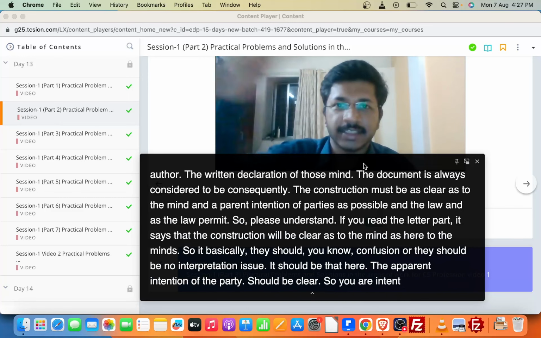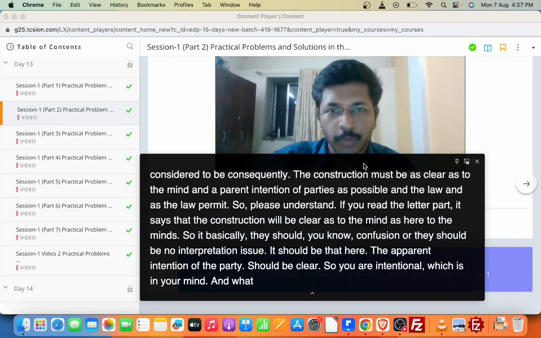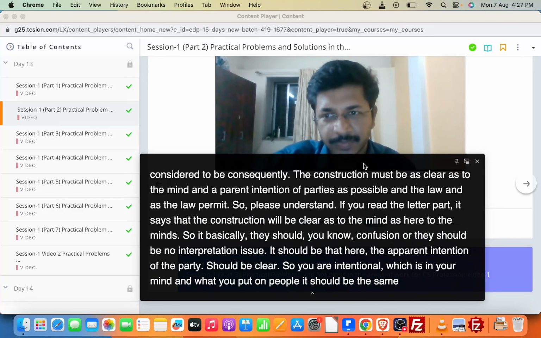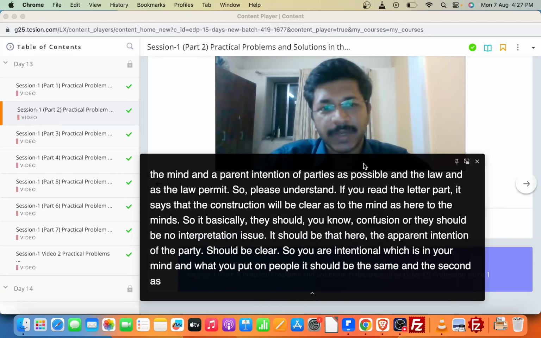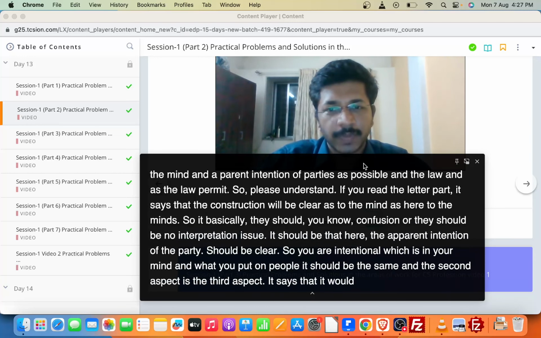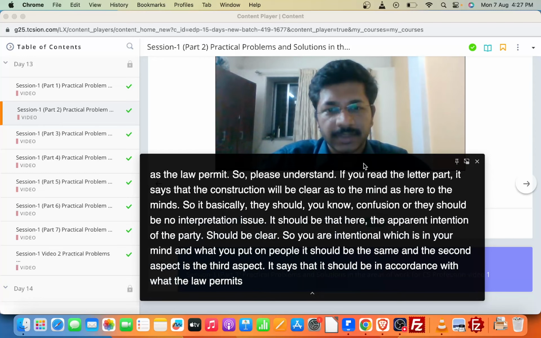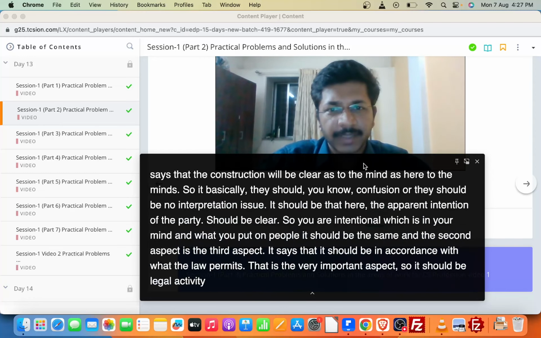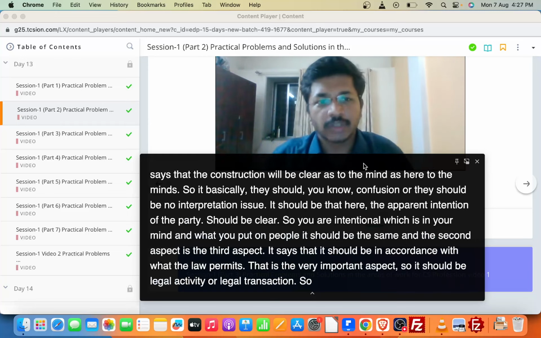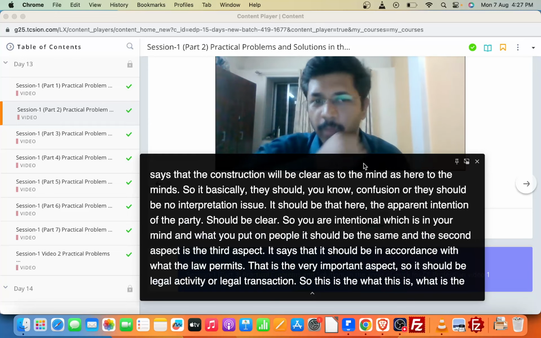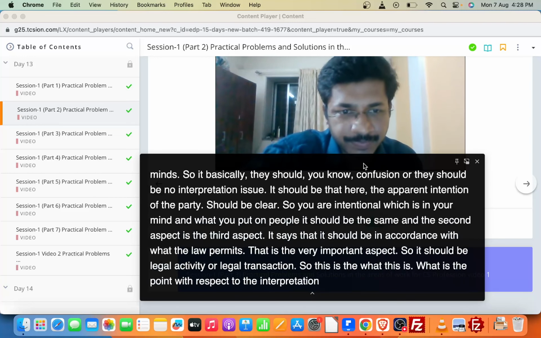So the intentions in your mind and what you put on paper should be the same. And the third aspect is that it should be in accordance with what the law permits. That is a very important aspect. So it should be a legal activity or a legal transaction. This is the point with respect to interpretation.